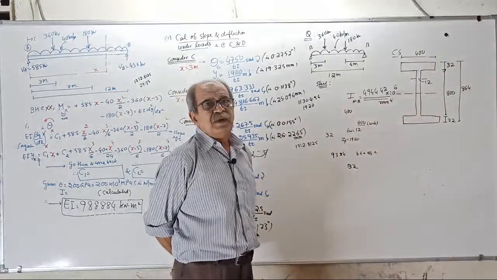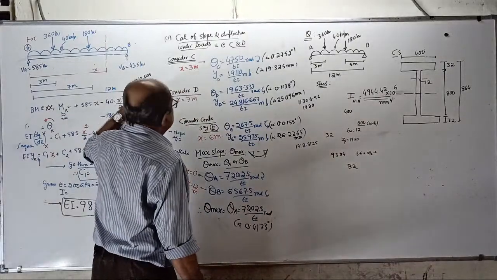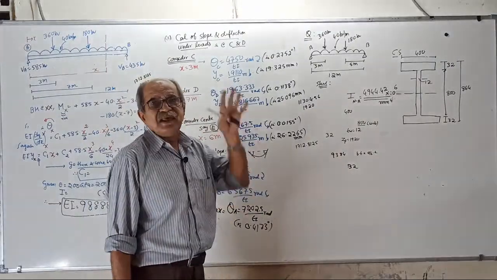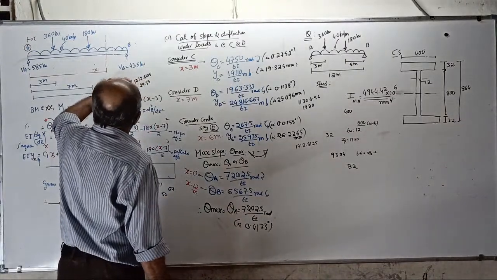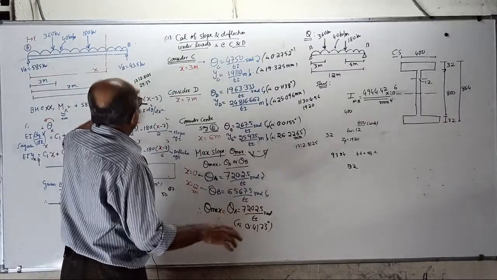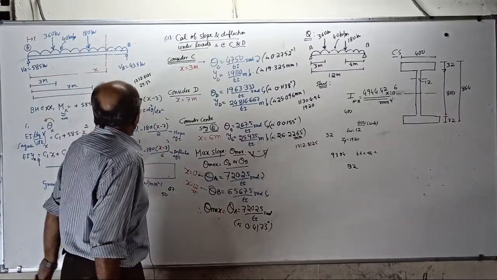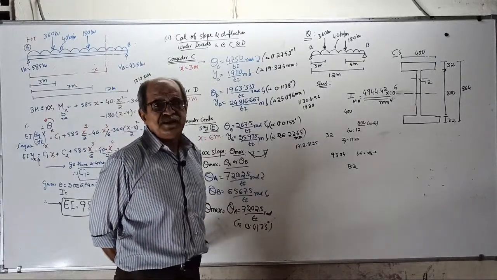For the cross section of the beam, what I have done is, I found the maximum BM. I have given a practical example. I found maximum BM equal to 1712.8125 kNm for working load.